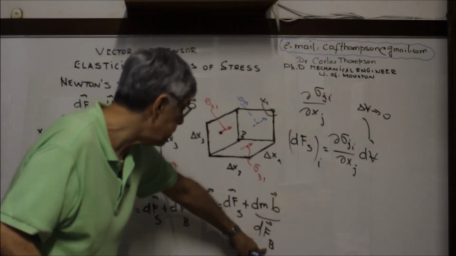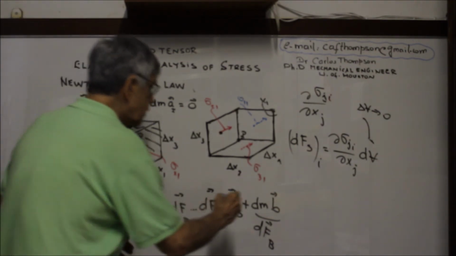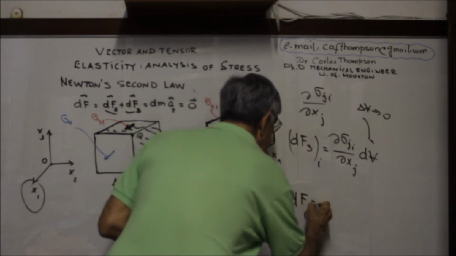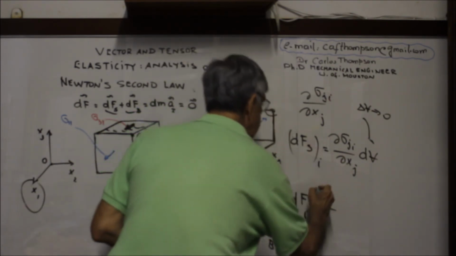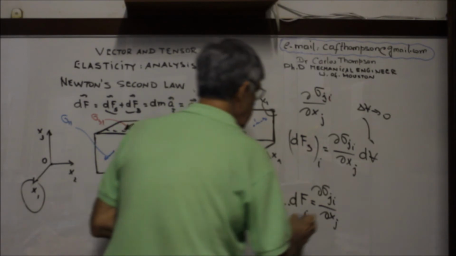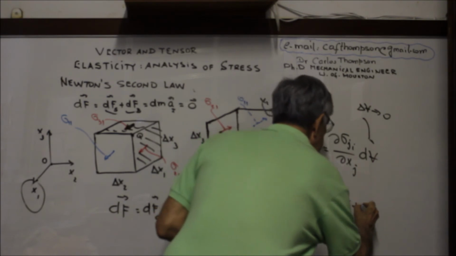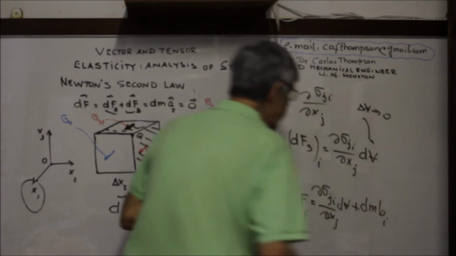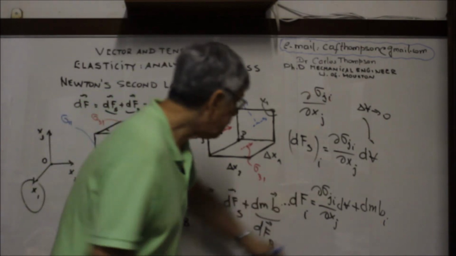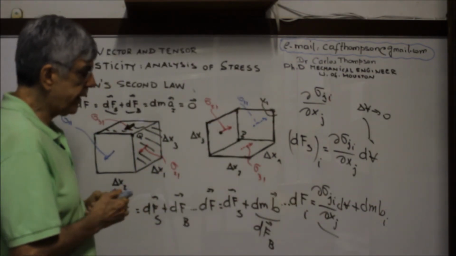I just put dfb as dm times small b. Let's write down here using tensor notation. So dfi is equal to, now we just did here, partial of sigma ji with respect to xj, dV plus dm bi. Attention now, what is the free index? It is i. What is the free index here? It is i. This must be free index i.